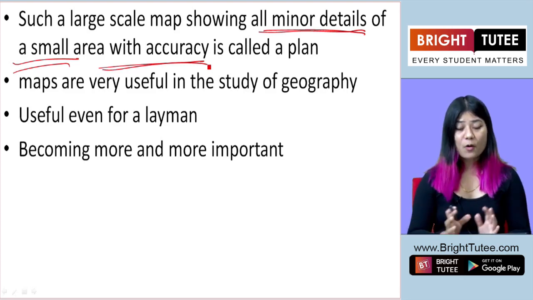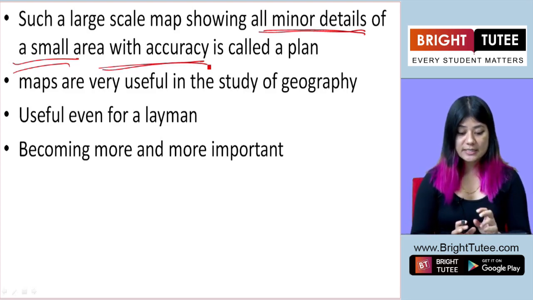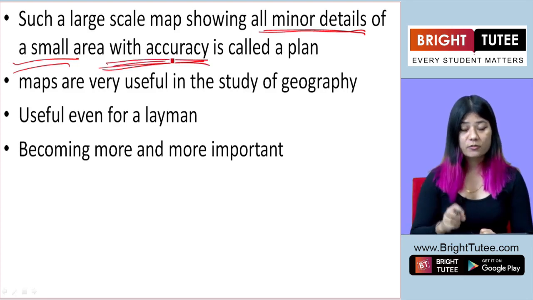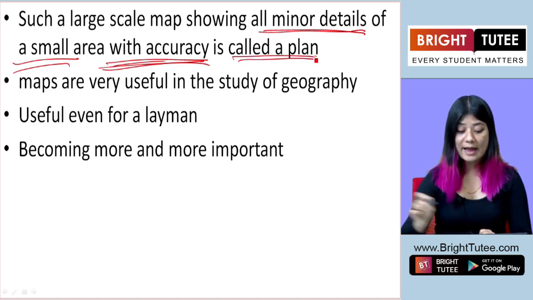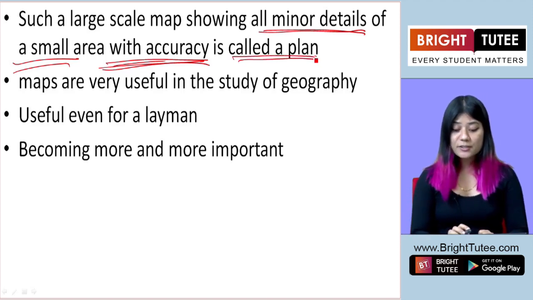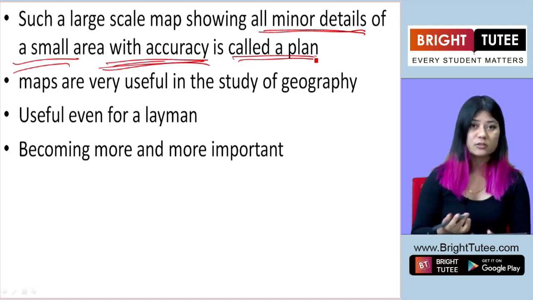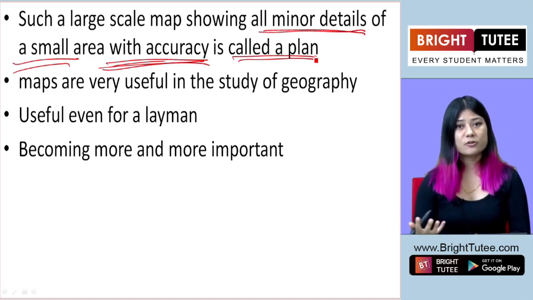So a map of an area with minor details of a small area, and that too with accuracy. Okay, accurate details of this area is called plan. Okay, now these kind of plans play an important role for construction of buildings for architectural purposes.